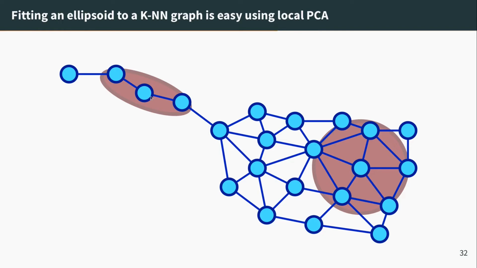And then for every vertex, you have a small sub data set of points that are in the neighborhood. And what you can do easily is to fit an ellipsoid to this local neighborhood, to this local shape context. This is exactly what PCA is about.